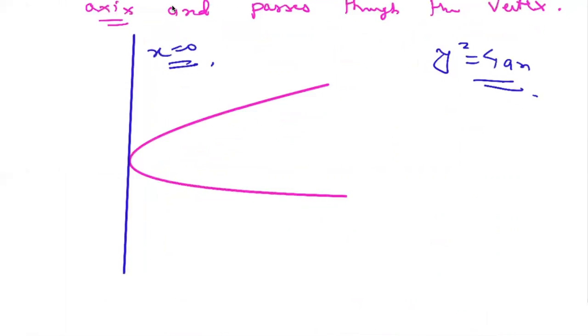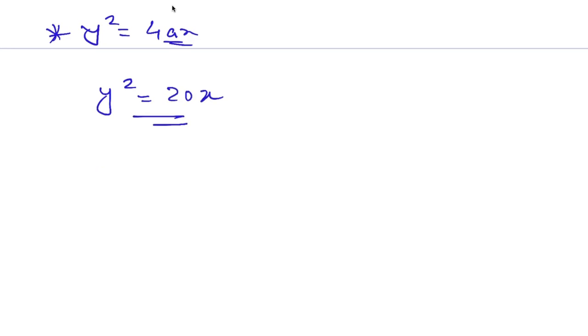We have already taken the equation y square is equal to 4ax, and in the last lecture also we did this. We can find each and every point. For practice, I'm giving you y square is equal to 20x. Find each and every terminology and the graph of the parabola.